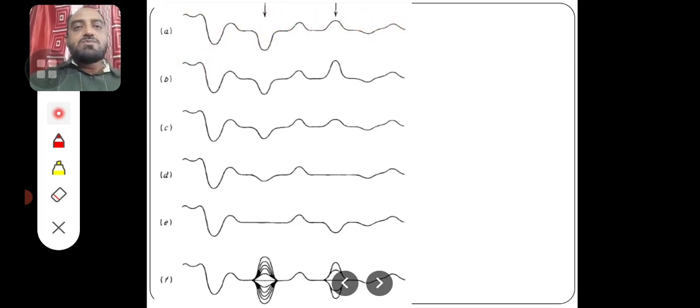In the second sweep, we got this kind of signal, in which all the peaks have the same amplitude except at the locations where the arrow mark is shown. Here the peak is smaller compared to this peak.